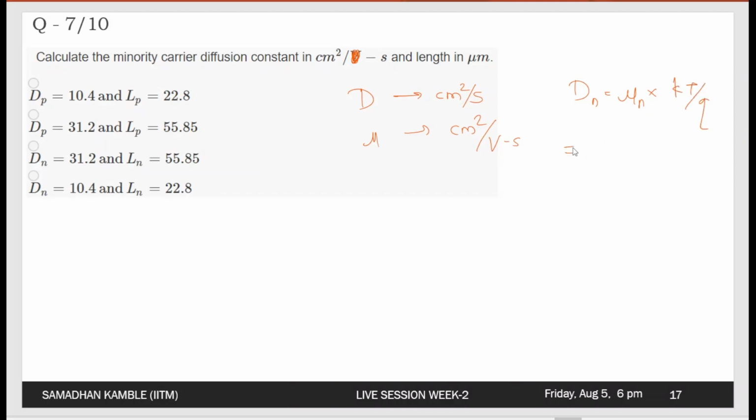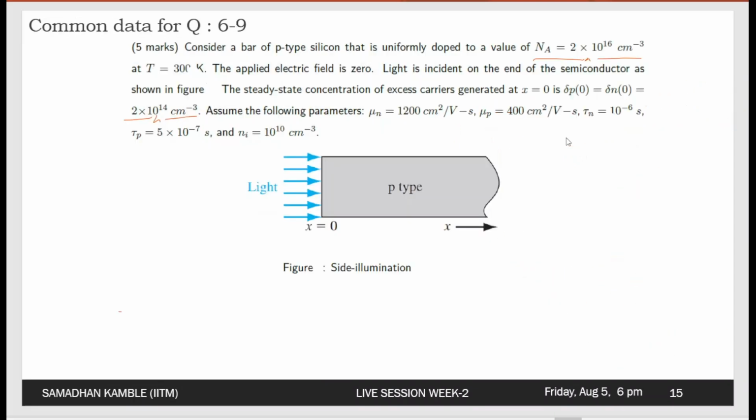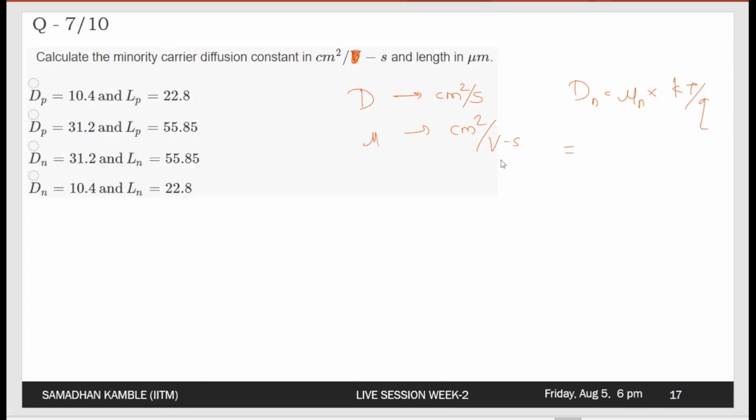So mobility is given as 1200, and the temperature is given as 300 Kelvin. So if you include the values of these parameters, 1200 times kT by q, by substituting the Boltzmann constant, the charge value and the temperature, you will get it as 0.0259.